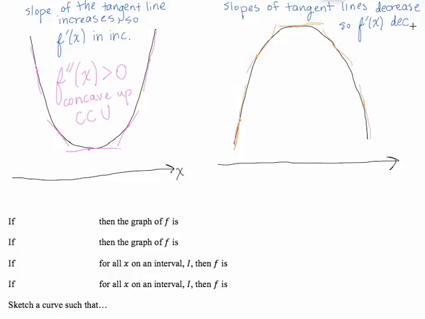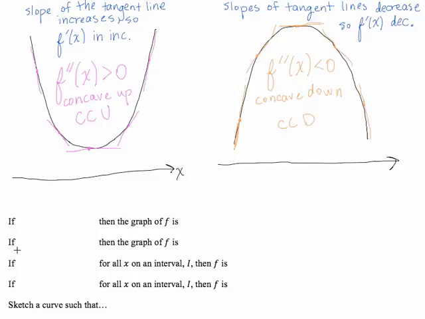So if the first derivative is decreasing, then because if a function is decreasing, its derivative is negative, that means the derivative of f prime is negative. So the second derivative is negative here. And this corresponds to the fact that the curve is concave down, often abbreviated CCD.